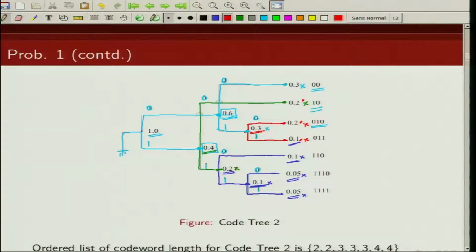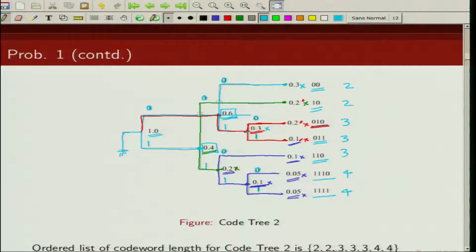For example, this is 0, then this is 1, and this is 0. That's why you're getting 010. Code word for this is similarly 011, this one 110, this is 1110, and this is 1111. So we have code words of length 2, 2, 3, 3, 3, 4, 4.